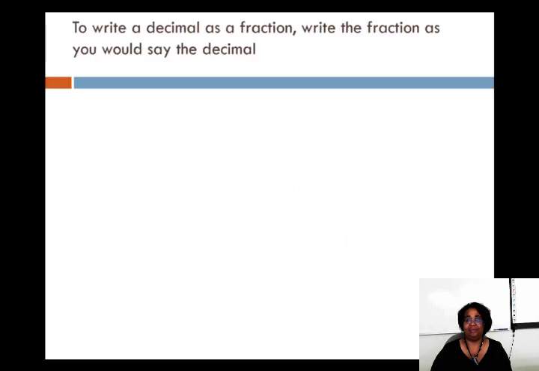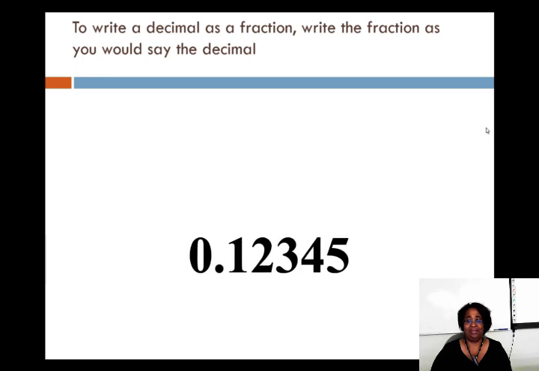All right, now to write a decimal as a fraction, you need to write the fraction as you would say the decimal. So a lot of people forget this. Now, how would I read this number? 100. Is it 100?